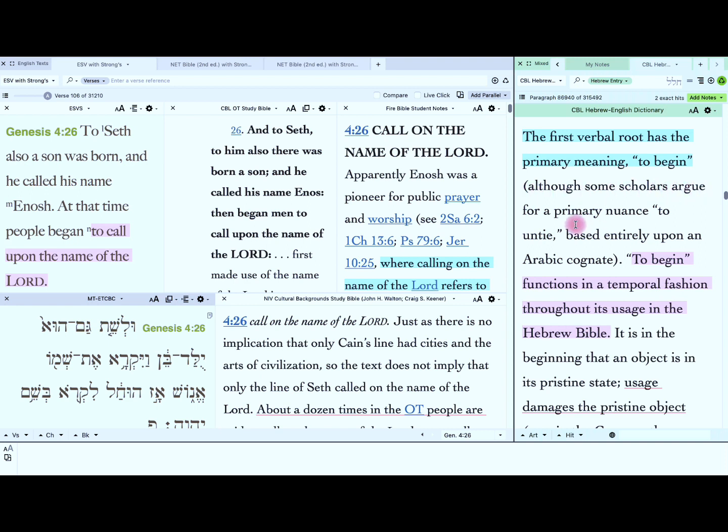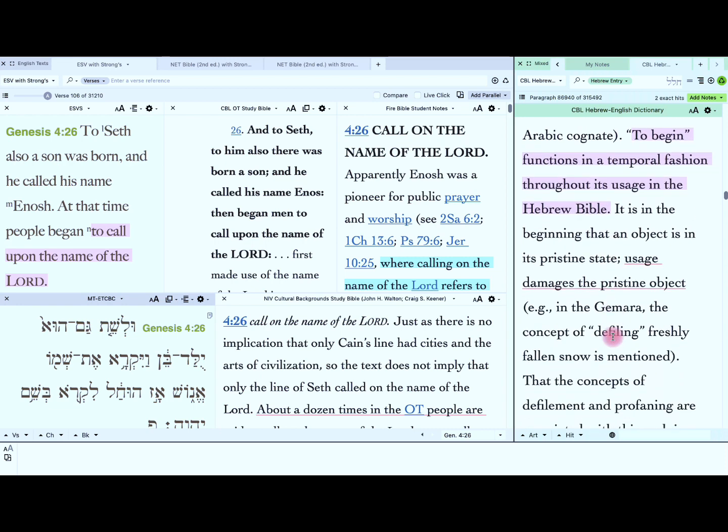Although some scholars argue for a primary nuance to defile, based entirely upon an Arabic cognate. To begin functions in a temporal fashion throughout its usage in the Hebrew Bible. This is important. Why? Let me continue reading, please. It is in the beginning that an object is in its pristine state. Usage damages the pristine object.